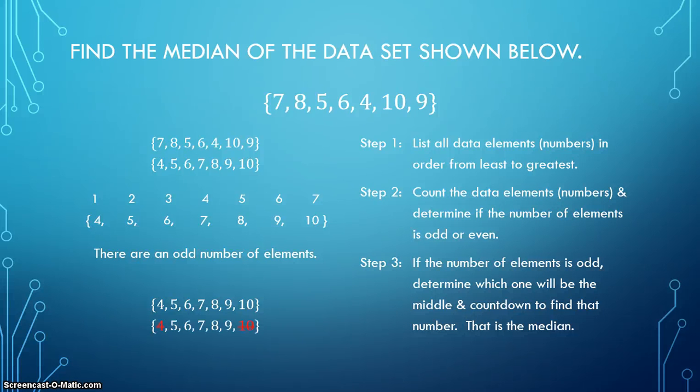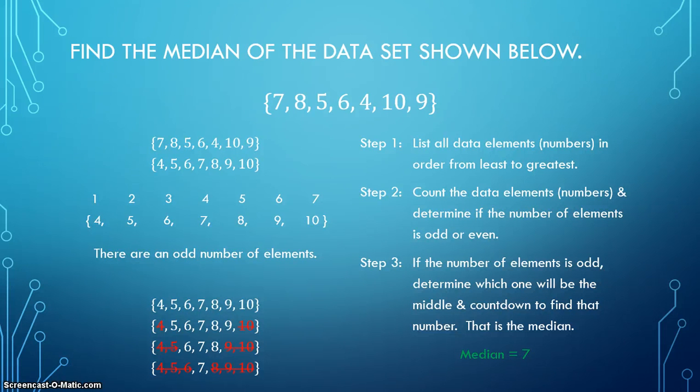The first two numbers we scratch out are 4 and 10, since 4 is the smallest and 10 is the largest. Then we scratch out 5 and 9, the second smallest and second biggest. And then 6 and 8, the third smallest and third biggest. That leaves us just our last number, right in the middle, and that number is 7. So our median is 7.